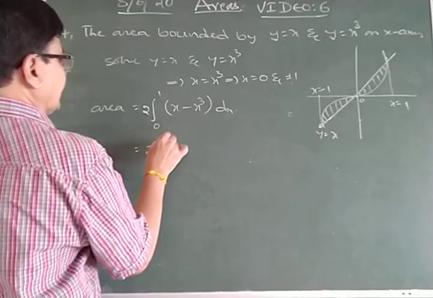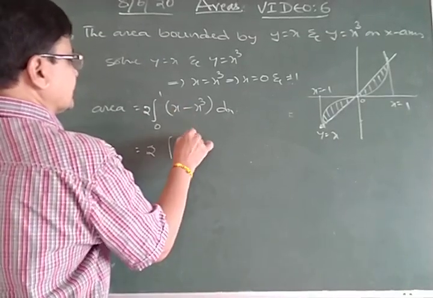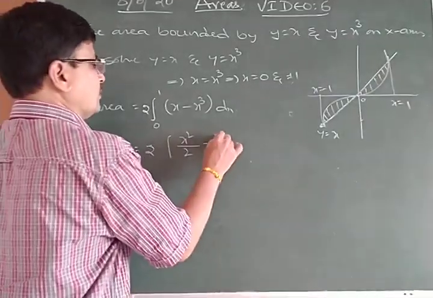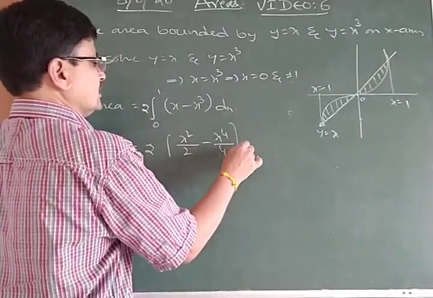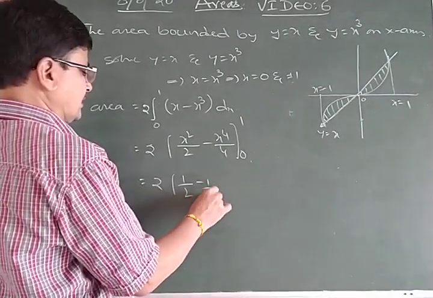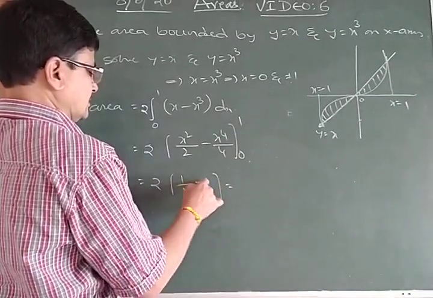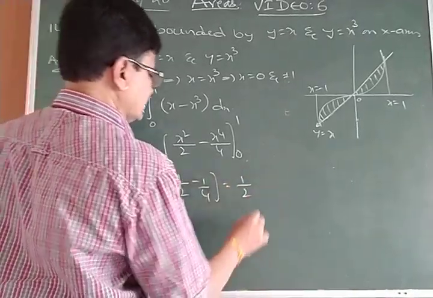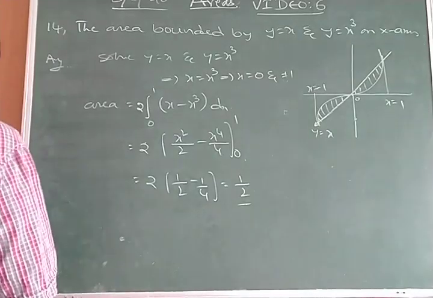That is 2 times x squared by 2 minus x power 4 by 4, from 0 to 1. So that is 2 into 1 by 2 minus 1 by 4, that is 2 times 1 by 4, which is 1 by 2. The required area is 1 by 2.